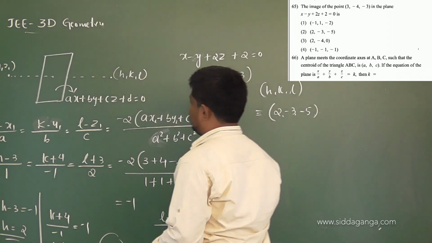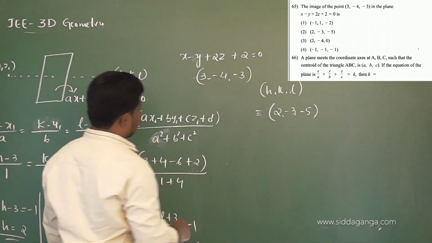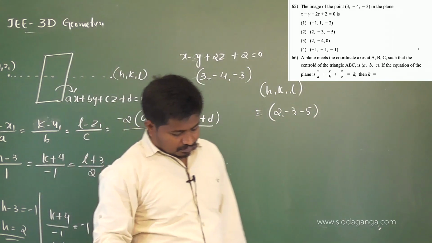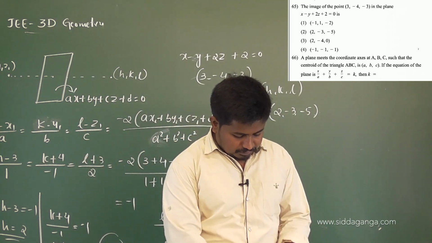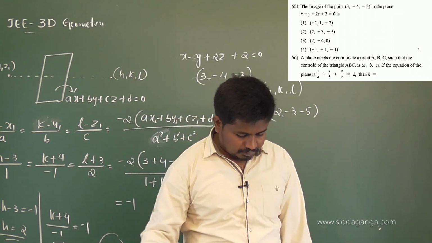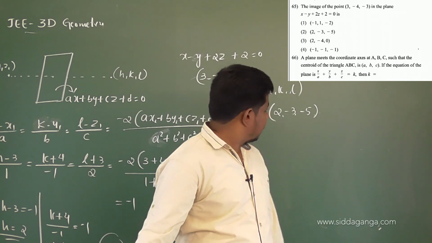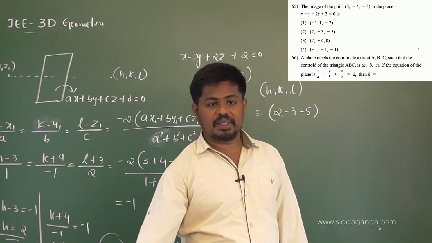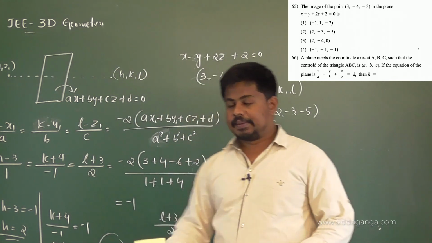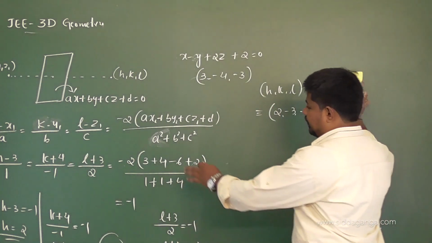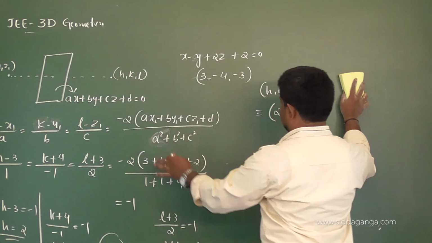This is your image of the point (3, -4, -3). So, option (2, -3, -5), option 2, is the correct option. And this is the result. Use this result to get the image.